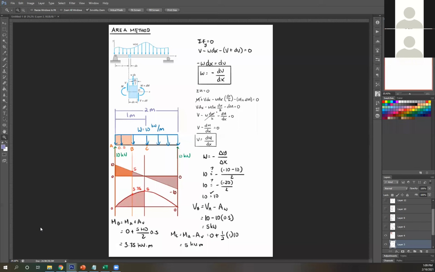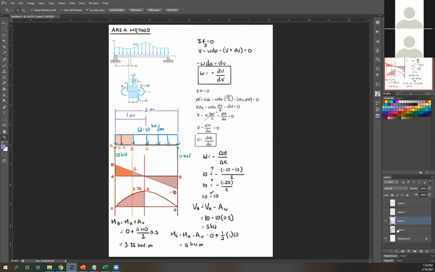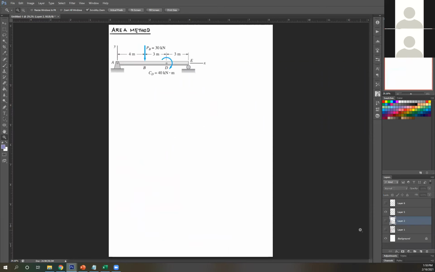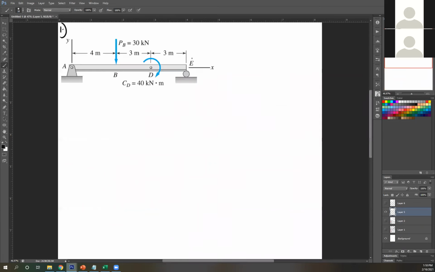Let's see. So first off, draw your beam. Let's zoom in.